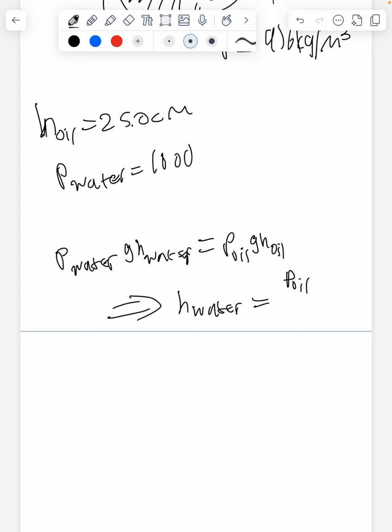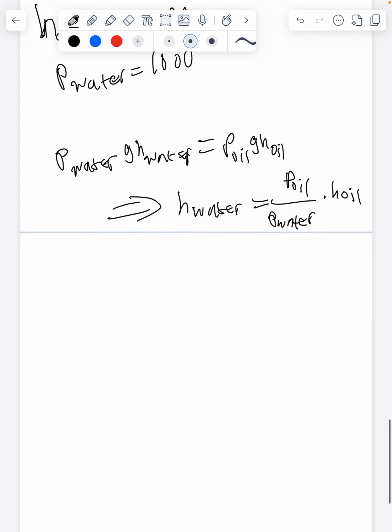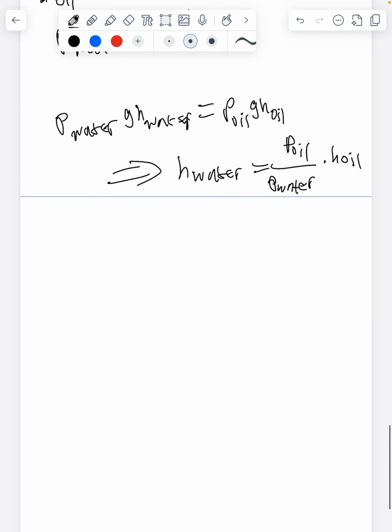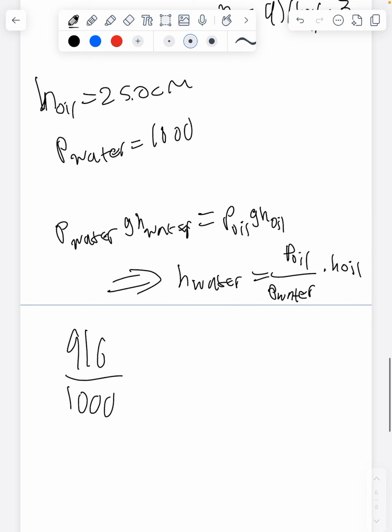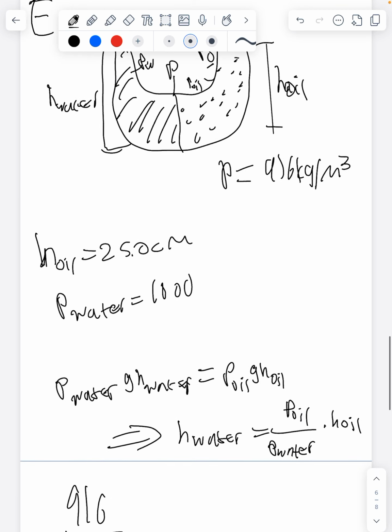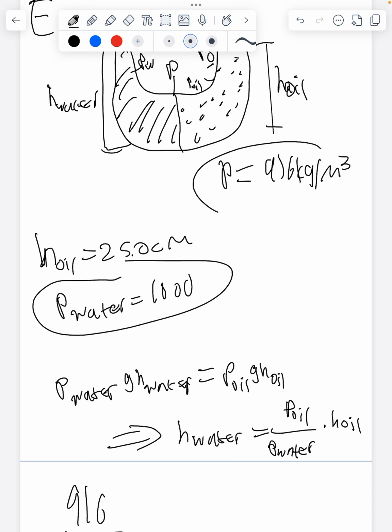So rho oil over rho water times height of oil. With that, we know that the density of oil is 916, and the bottom is going to be 1,000 for water because it's right here.